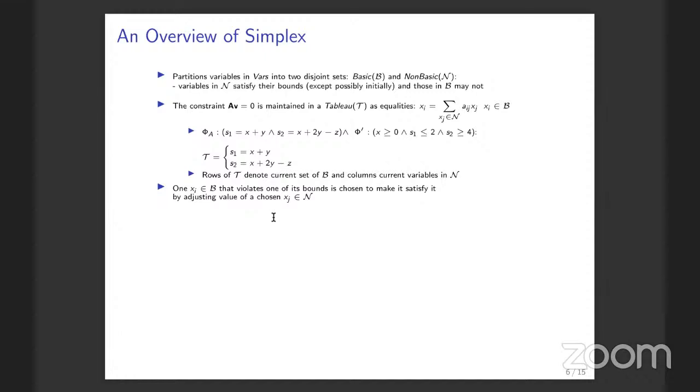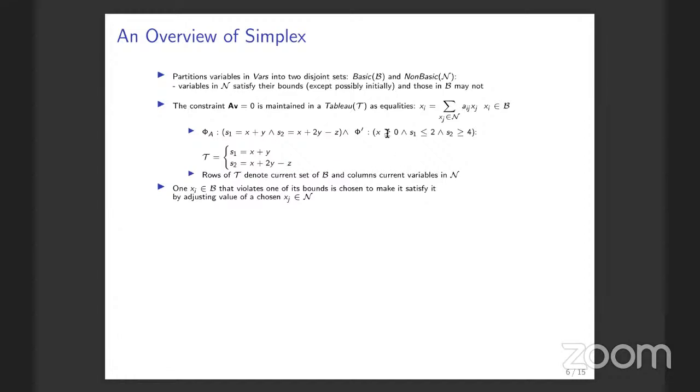So what simplex does is it chooses one variable. As I told you, these basic variables in the rows may or may not satisfy their bounds.